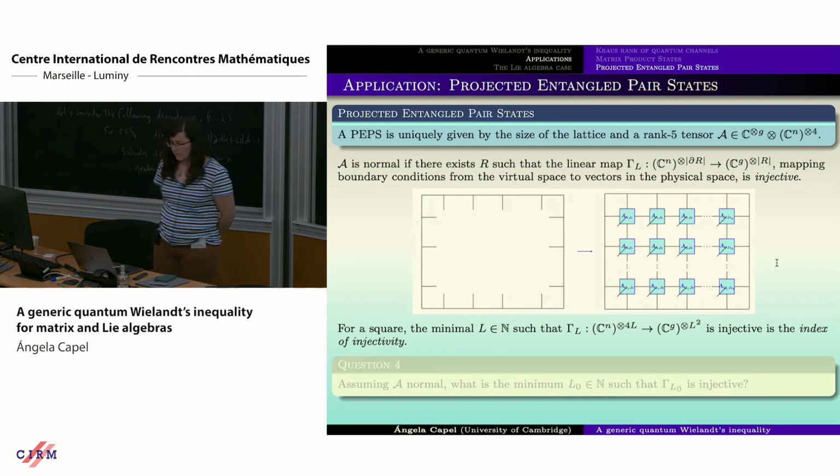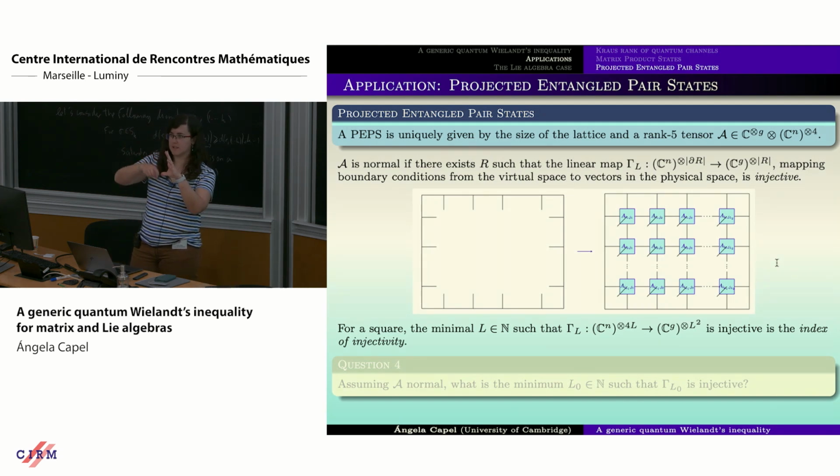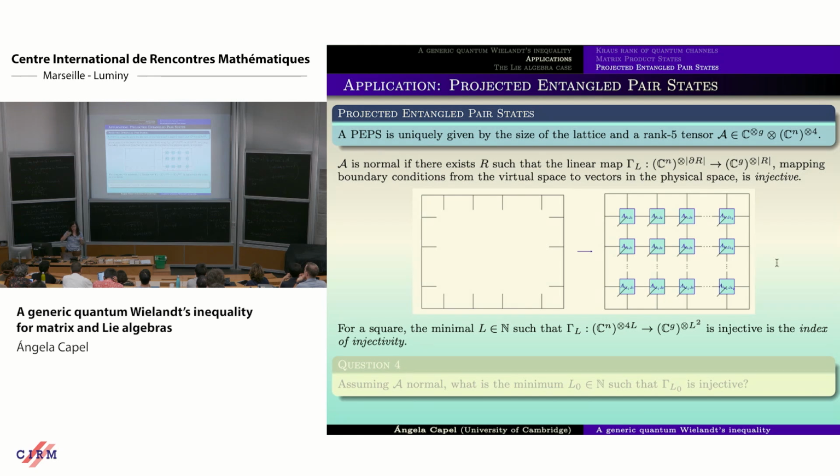And then we say that a tensor is normal if there exists a region for which this map is injective. And now for simplicity, what we do is consider regions that are square, just to simplify the calculations. And the minimum side of the lattice such that this map is injective is what we call the index of injectivity.